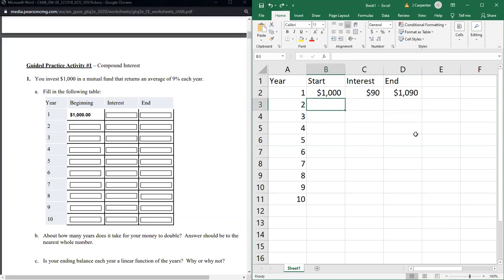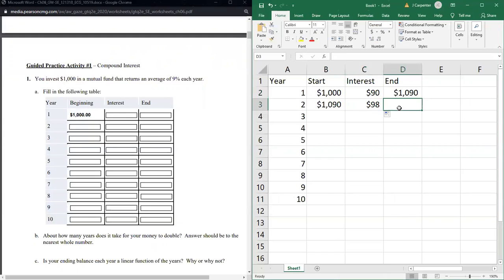So we go to this cell. This is a super important thing, and I know I haven't done it in class in a while, so this is your friendly reminder. We'll see it a couple times today. Equals, just click the cell with the previous ending balance, and they're linked. There we go. Now we can drag the interest formula down, grab the fill bar, and that answer is exactly what we saw before, except it doesn't look like it because it's not showing enough decimal accuracy.